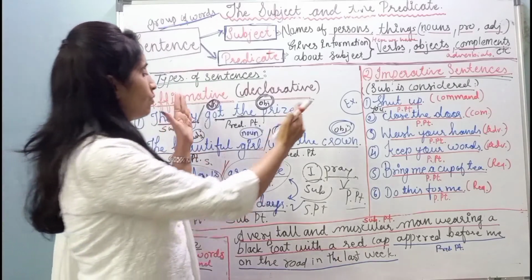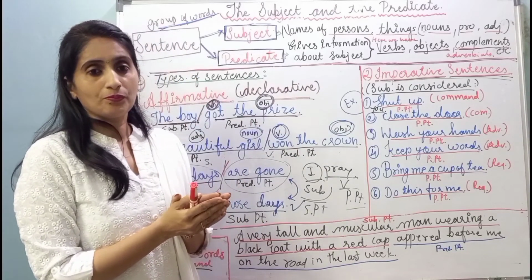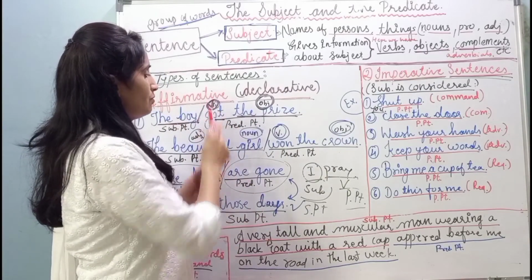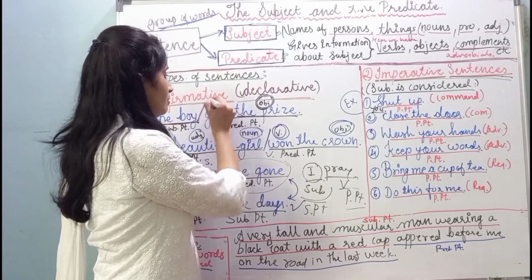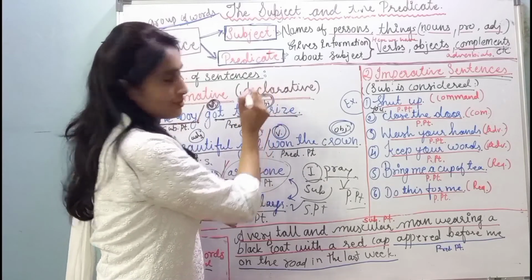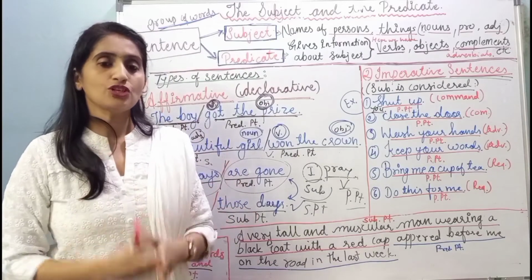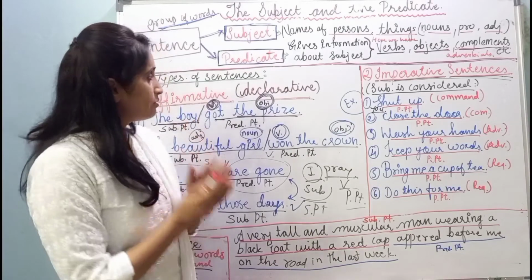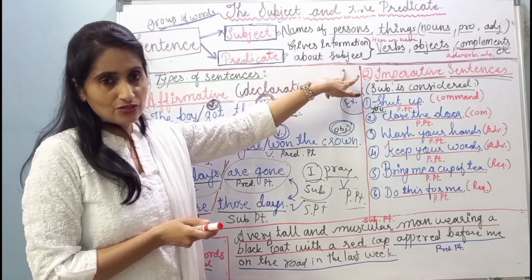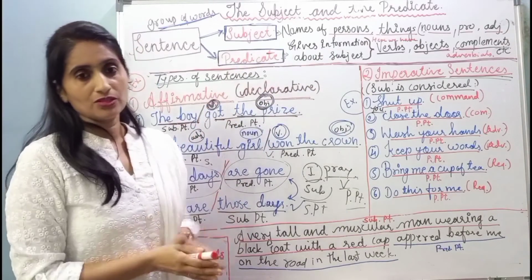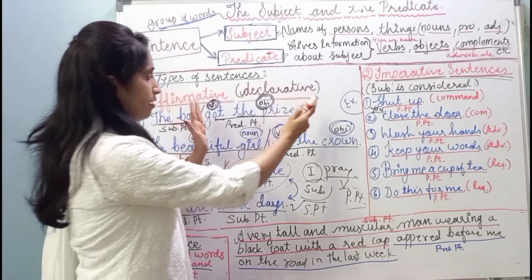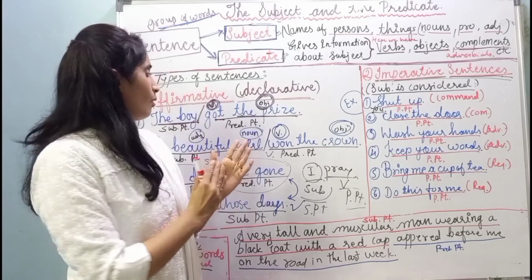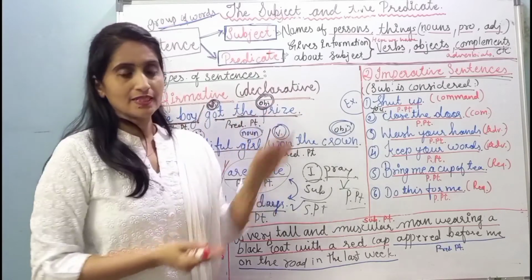Okay, now let us study the second part. What is the definition of the predicate part? The part of the sentence that gives us information about the subject is called the predicate part. This part gives us information about the boy. What did the boy get? He got the prize.